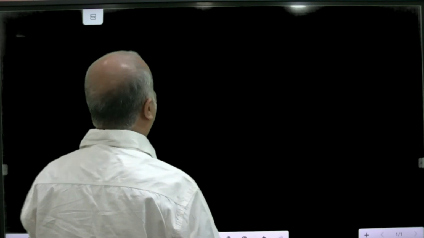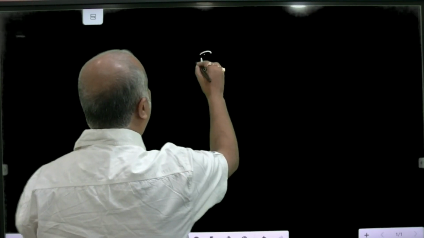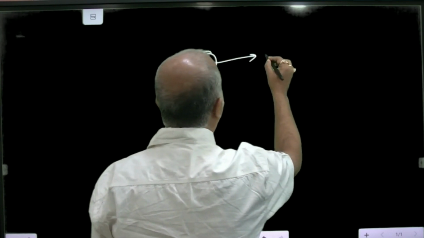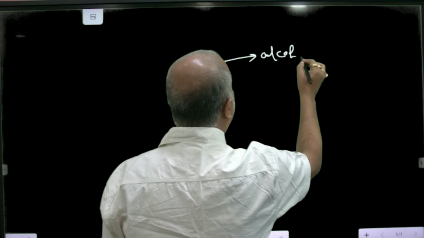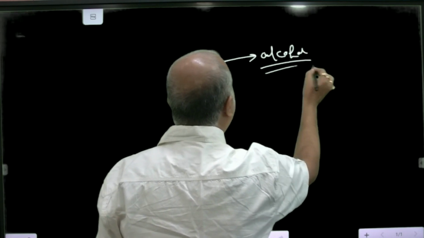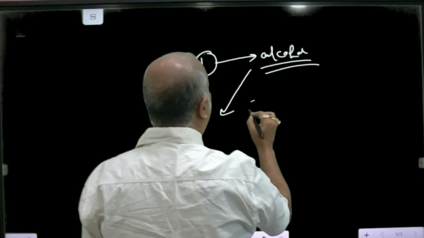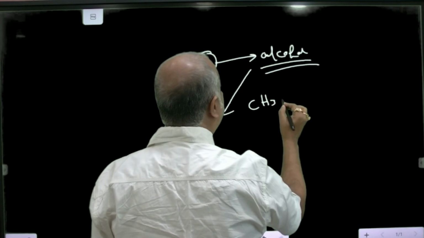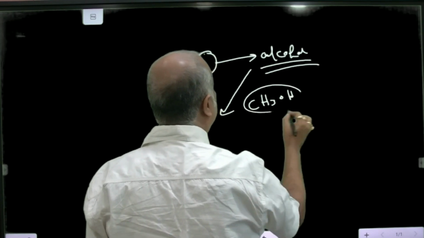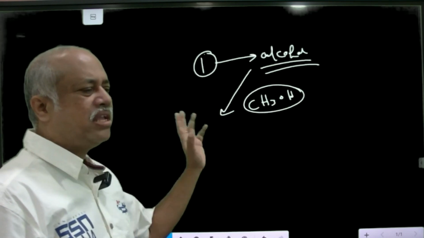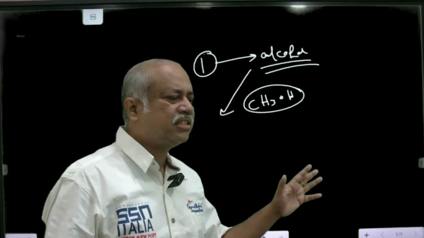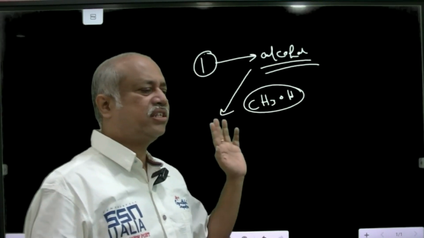First, I will start with primary alcohol, except methanol. Except methanol, any primary alcohol you can synthesize with the help of the Grignard reagent.